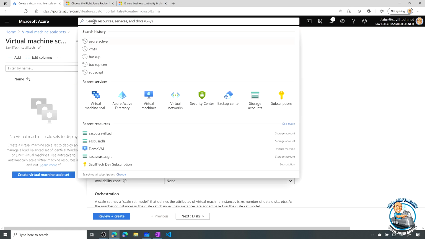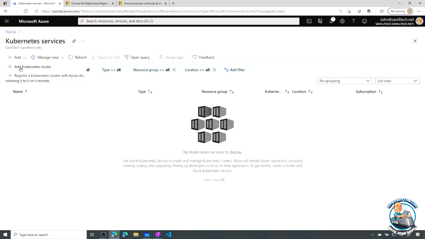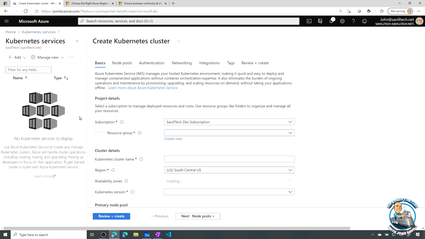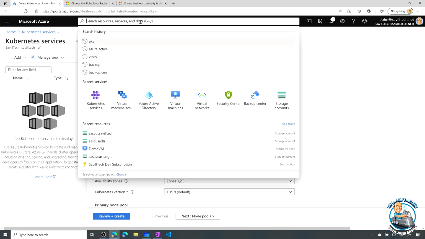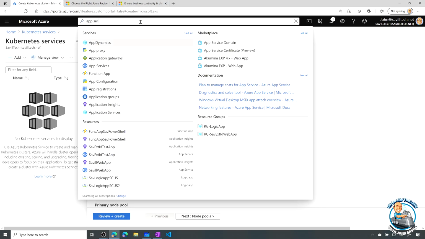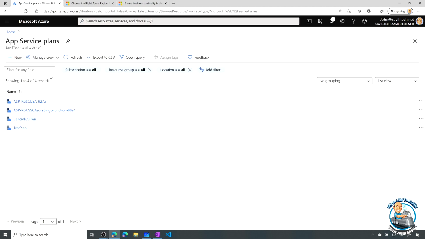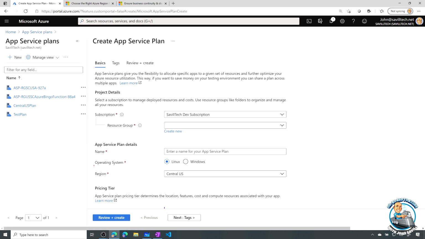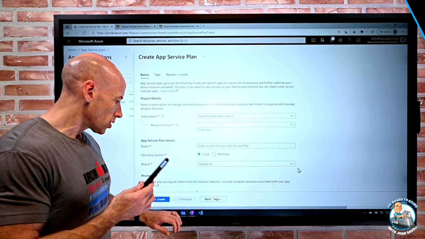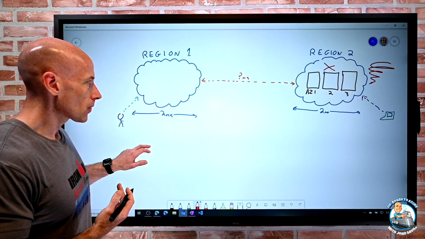If I was to do AKS, a Kubernetes service, and do add Kubernetes cluster, it's going to deploy to a region. An app service plan. This starts to get a little bit redundant, but guess what? It's going to deploy to a region. A storage account, a database, a virtual network. All of these things will deploy to a region.